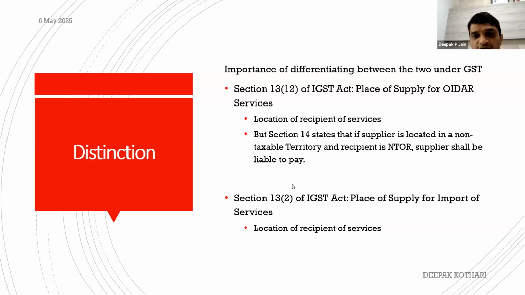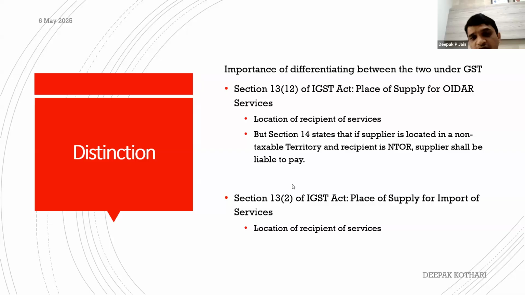The definition of non-taxable online recipient is also defined. We'll go through that. But we have to understand that even though the location of the recipient is in India and the place of supply is in India, the tax will be paid by the supplier if the recipient is a non-taxable online recipient. So that is the place of supply for OIDAR services.